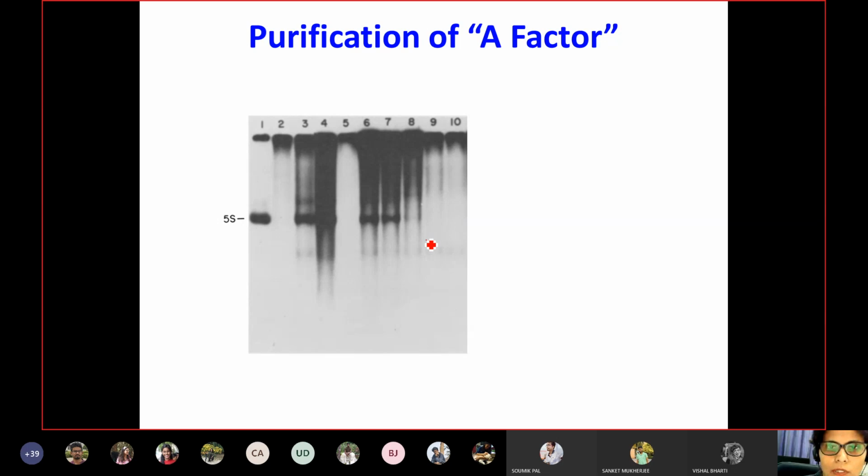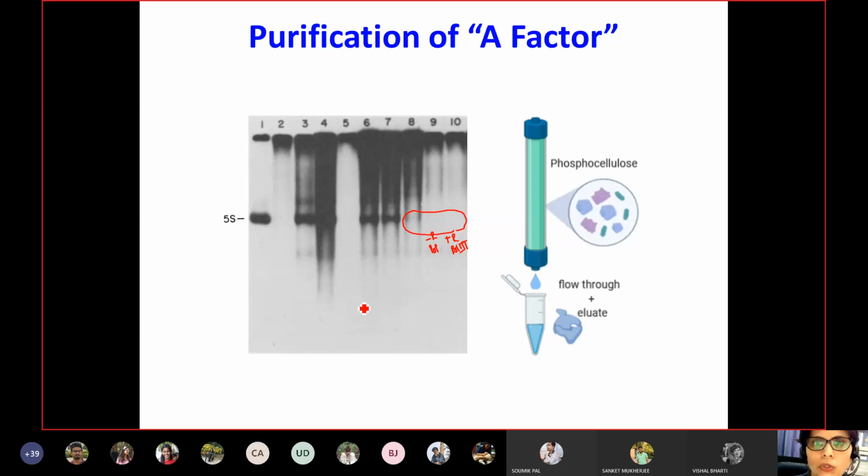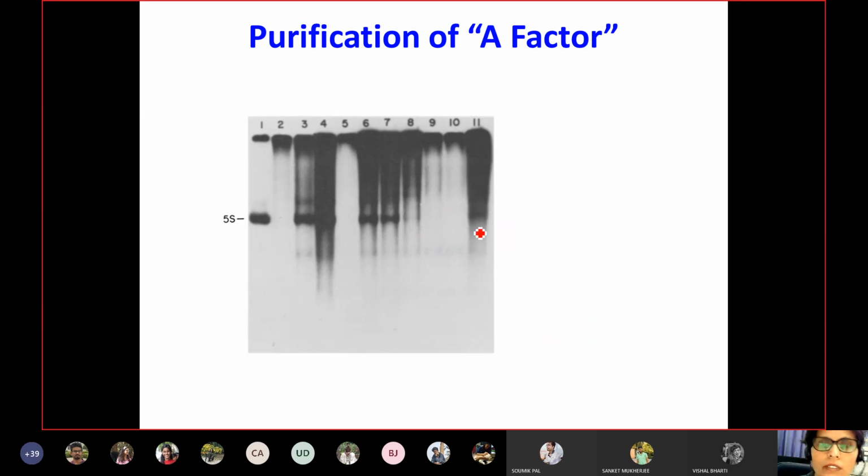But in the end, when they combine all three fractions together, that means the flow through and the eluate in the presence of RNA polymerase 3, then finally you see some kind of transcription, but a lot of unspecific transcripts are also present here.